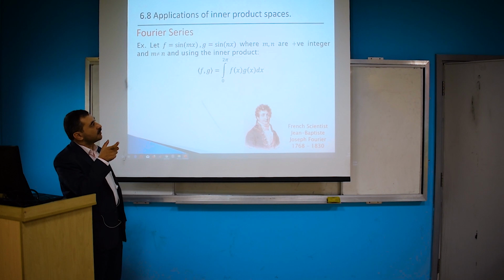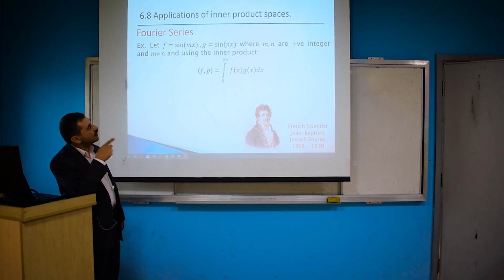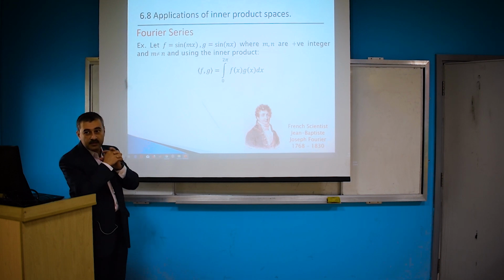We study the interval from 0 to 2 pi for sine x, sine 2x, sine 3x, and so on. So let's first show that these functions are orthogonal, and then try to project any function onto the space of this orthogonal set.